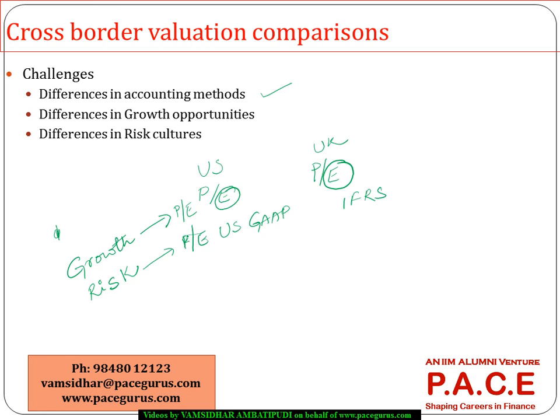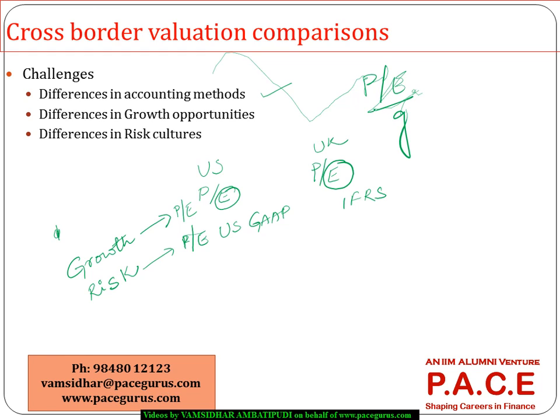So probably looking at a PEG ratio, P by E to growth ratio, is much more appropriate from a comparison standpoint, because different countries offer different levels of growth in the industry. Because of that, the P by E could be different for each of the countries.